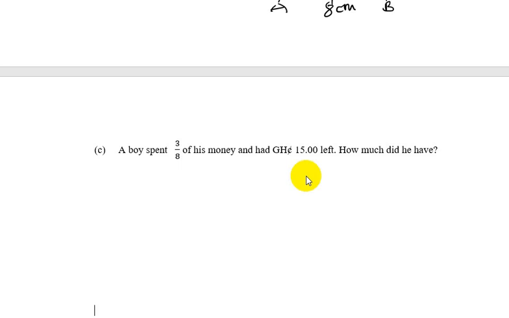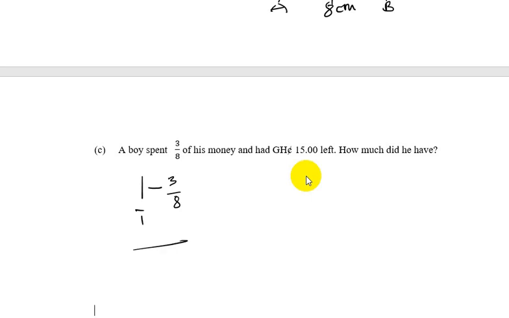Okay, after spending it, what was left was 15 Ghana cedis. So how much did the person have? Now we know that when it comes to fractions, we will know the money left if we subtract the fraction spent from 1. So it will be 1 minus 3/8.